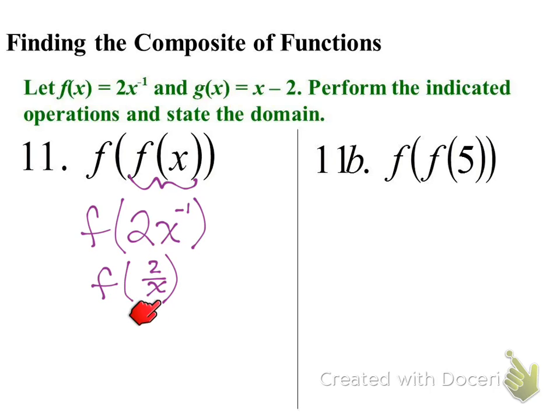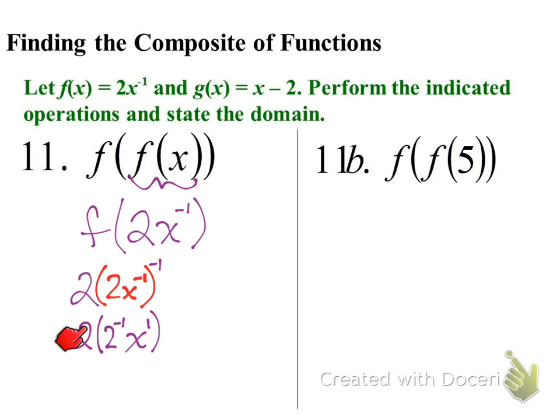But then you're still going to take this input and do it again. Take this to the negative first power and multiply by 2. I'm going to use the first notation so I don't run out of room. But I'm going to take that expression, that 2x to the negative 1, and raise it to the negative first power and multiply it by 2. And then we're going to see what happens.